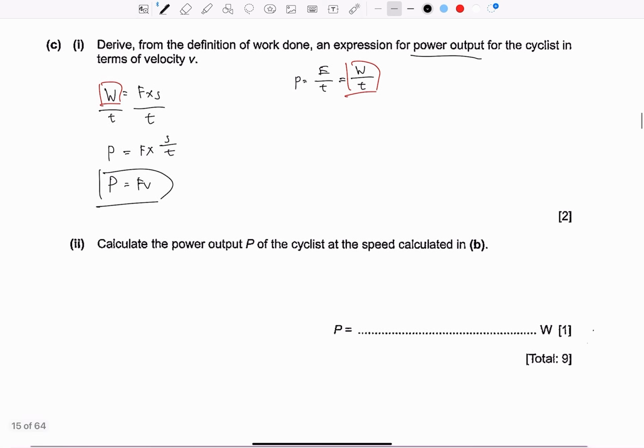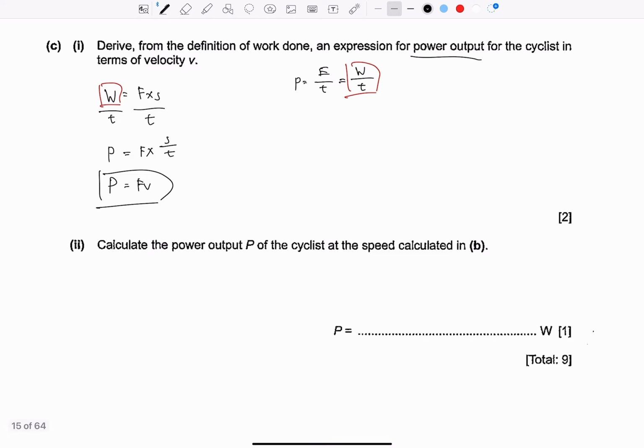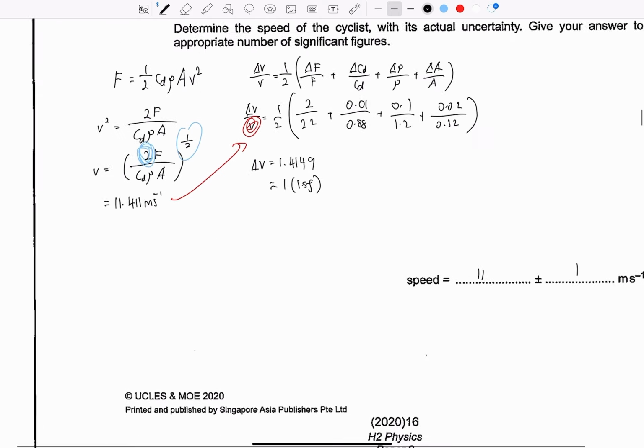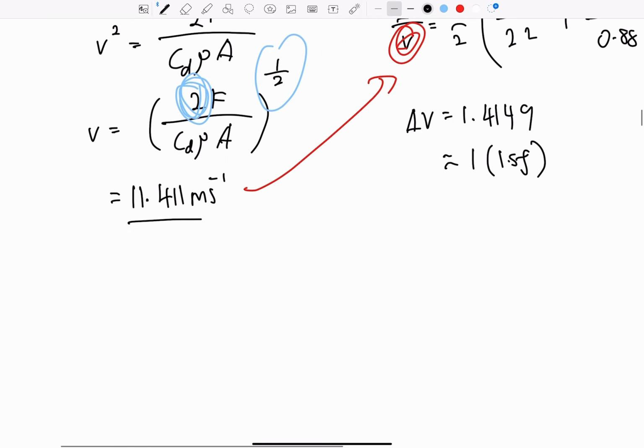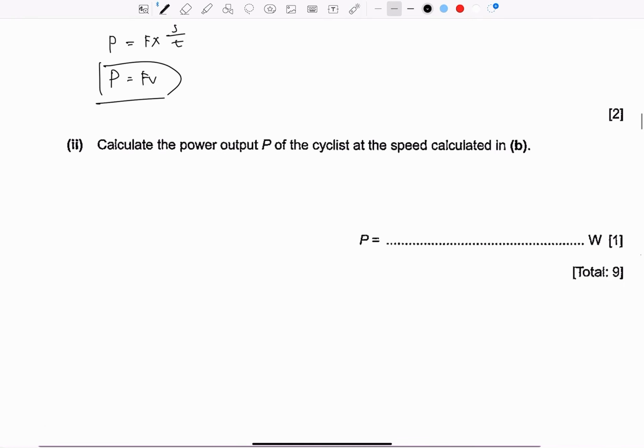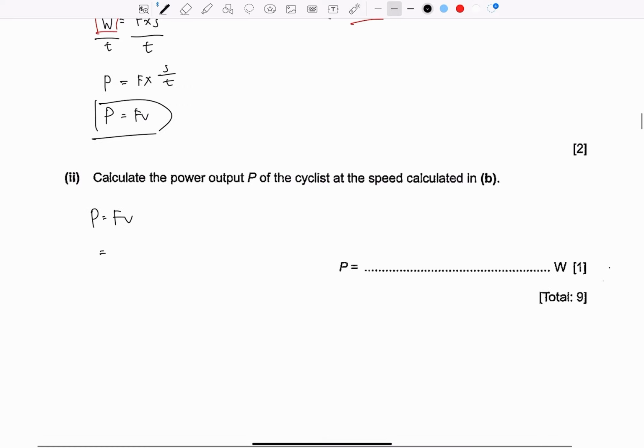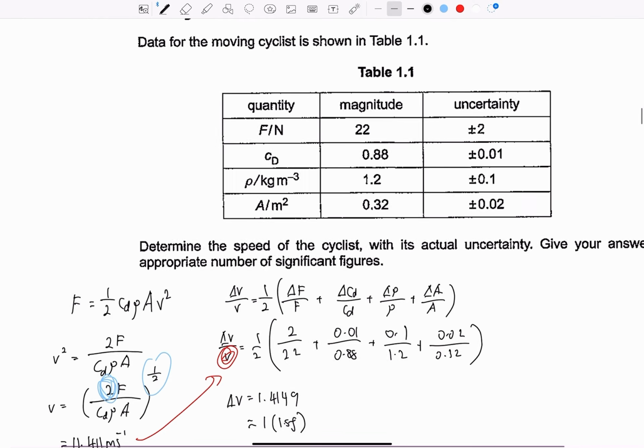Calculate the power output of the cyclist at the speed calculated in B. So the speed calculated in B is 11.411. P equals FV. What about the force? The force is 22.